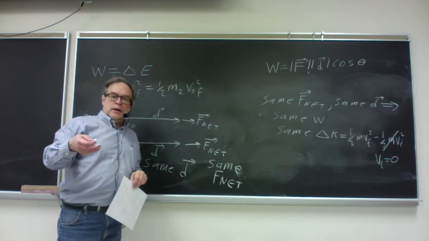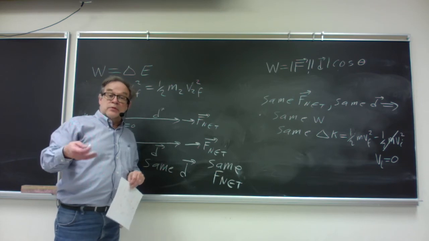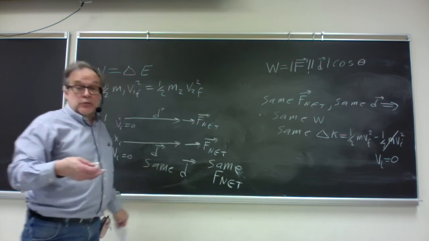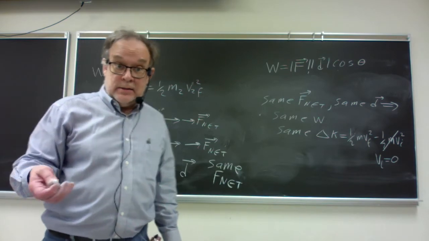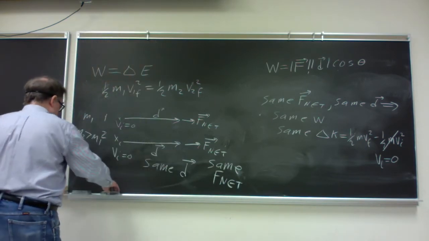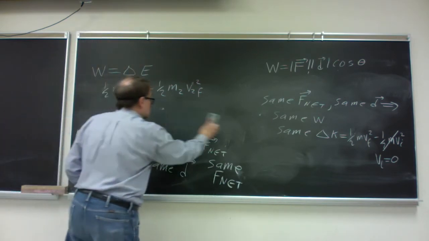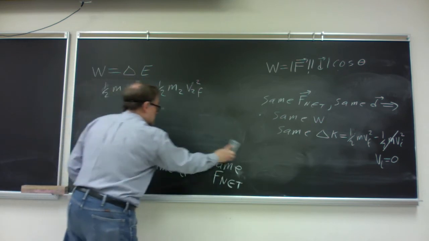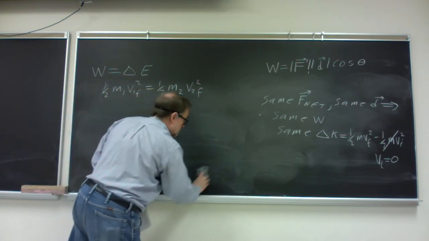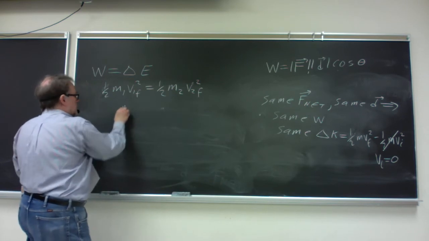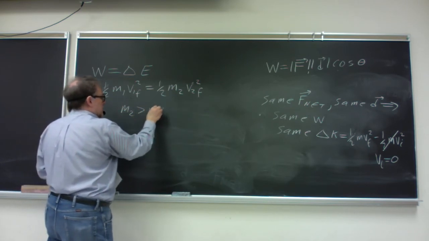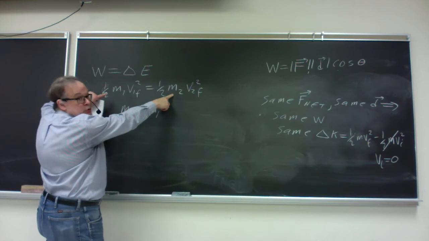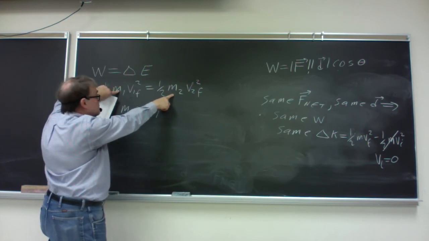So even though they end up with the same amount of kinetic energy, they'll of course end up with different velocities because car 2 has a bigger mass than car 1. This factor is bigger than this factor.